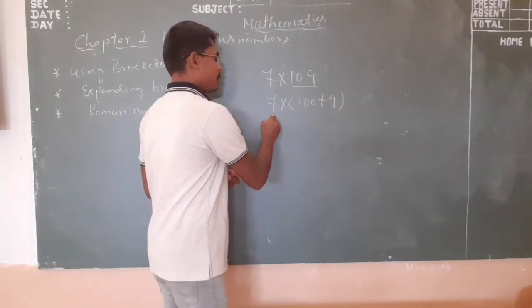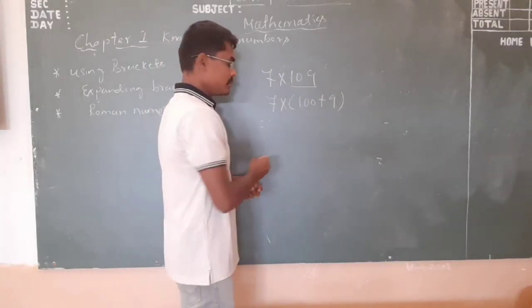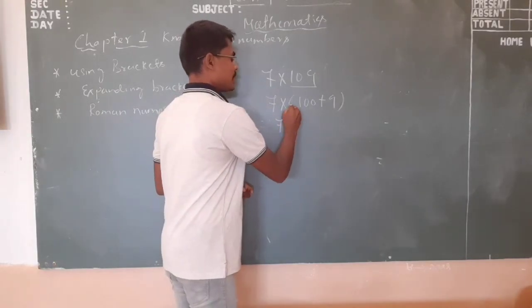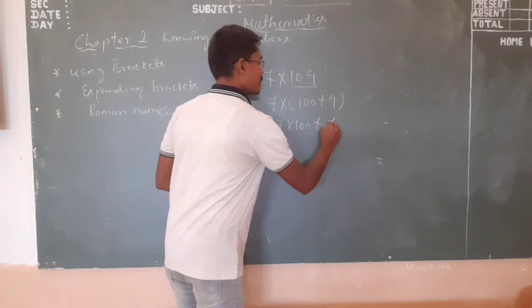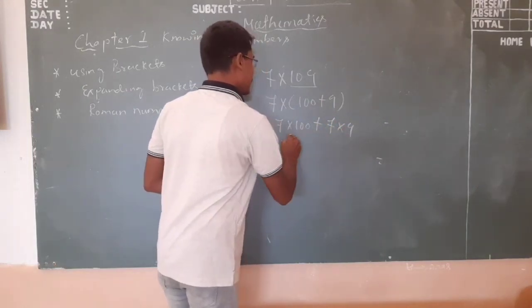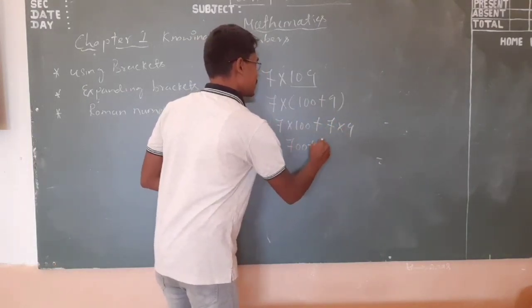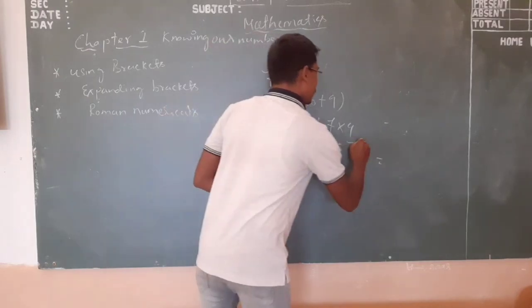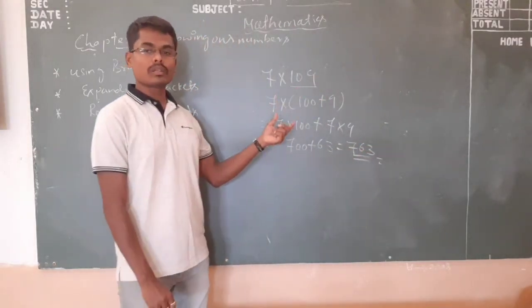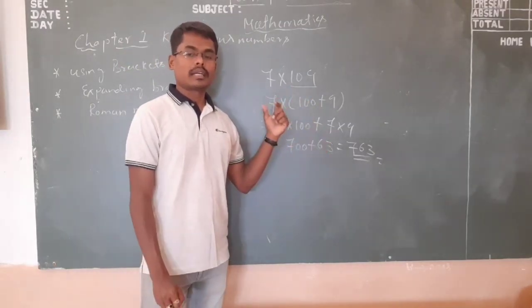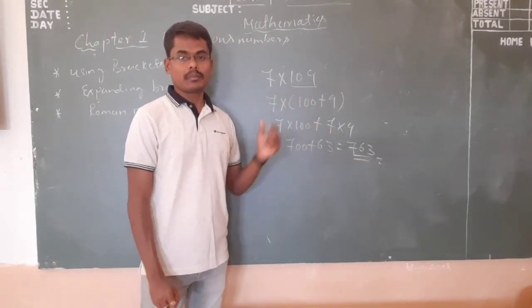Now I can multiply 7 into 100 plus 7 into 9. Then I will get 700 plus 63. Finally I got 763. This is how we are going to solve the given problem by expanding the brackets.